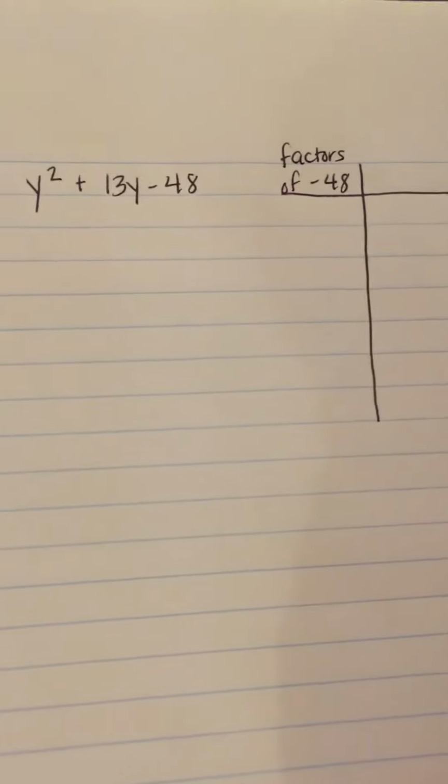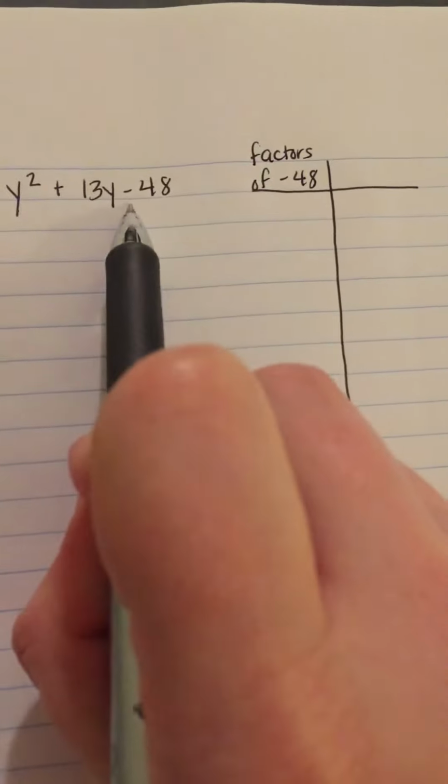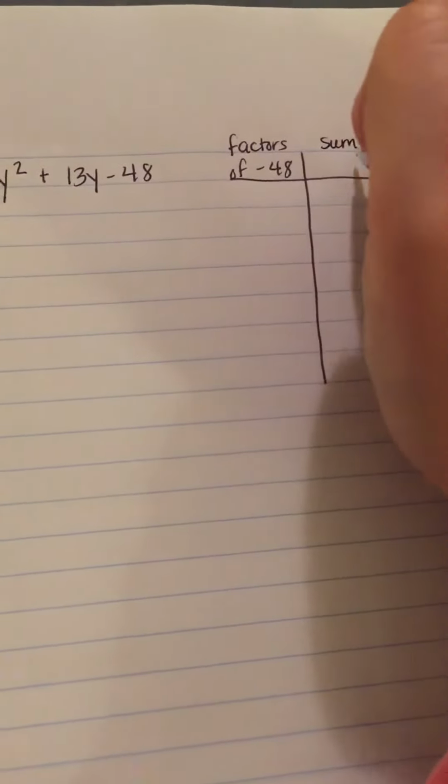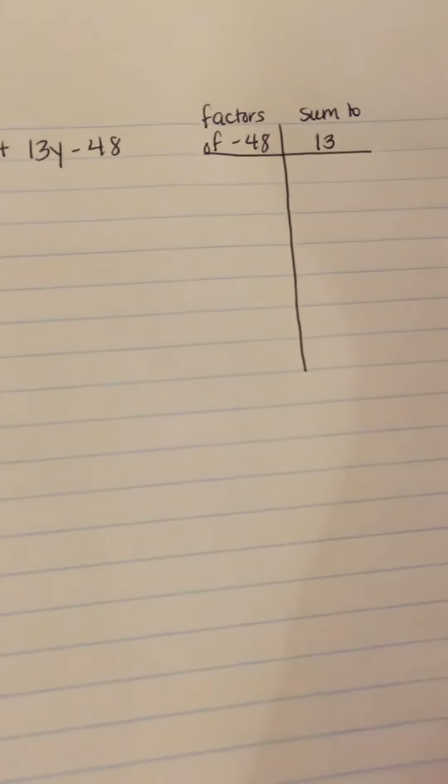So now what I'm looking for is the factors of negative 48, because 1 times negative 48 is negative 48, that sum to 13. All right? So negative 48, well, let's see, that's negative 12 and 4. Negative 4 and 12, because remember, of that placement, it's going to make a difference.